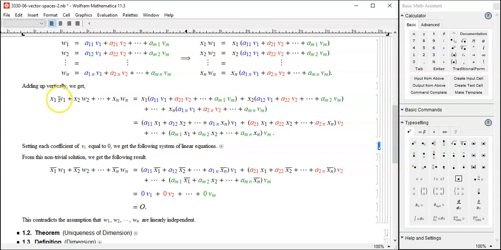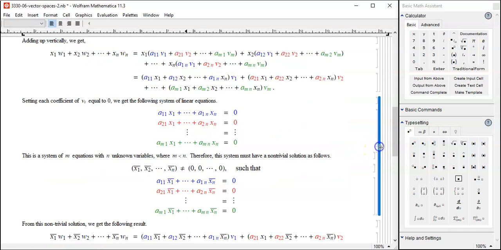Okay, x1 w1, x2 w2, all the way up to xn wn. Now we have x1 bar w1, x2 bar w2, all the way up to xn bar wn. These are actually solutions, a non-trivial solution. Therefore, each equation is 0. That equation is 0, and then that equation too is 0. They're all zeros.